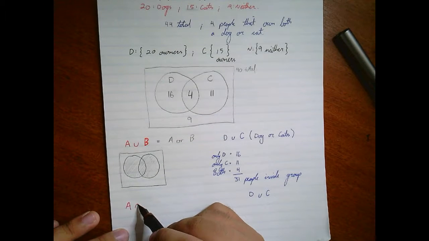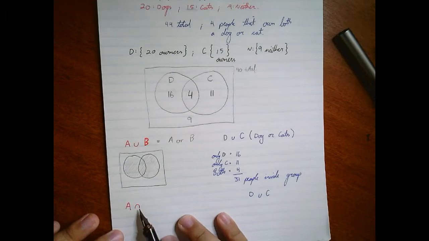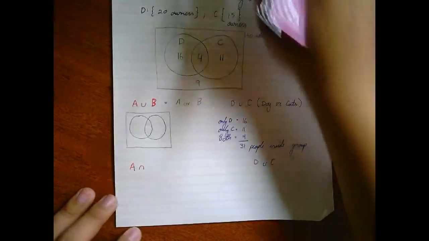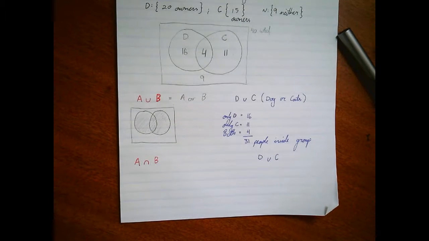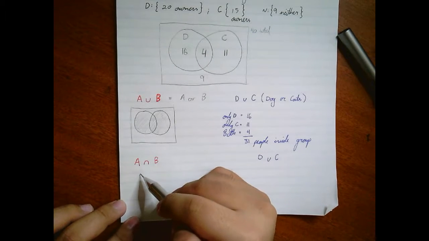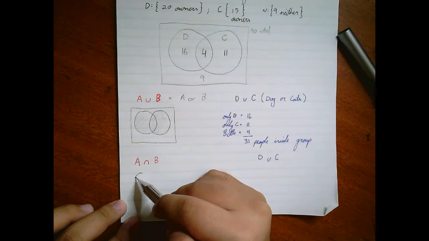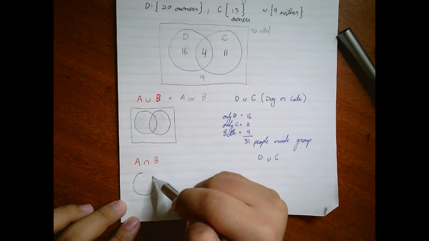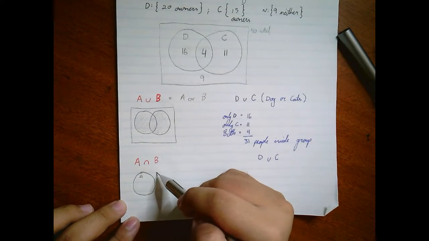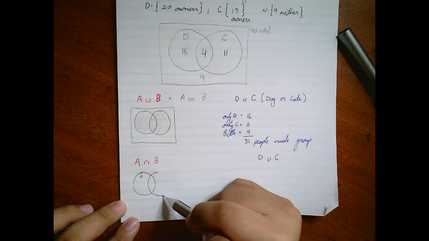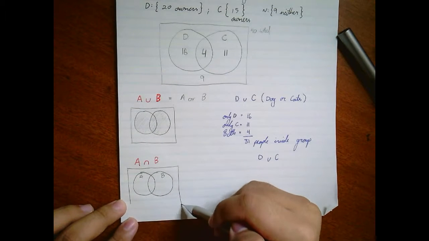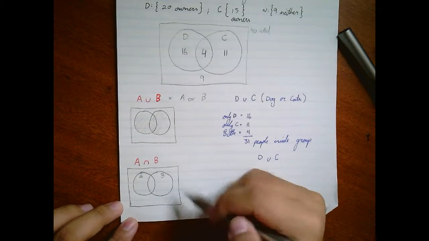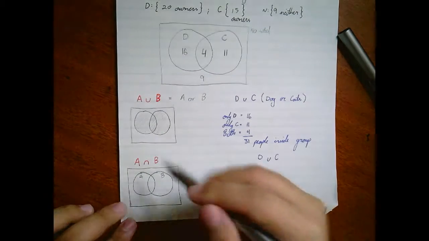A intersect, which looks like an upside down U. It's not an N, it's like an upside down U. Intersect with B. What that looks like is if I have some group, let's say that's group A, let's say that's group B, and here's the rest of the group.